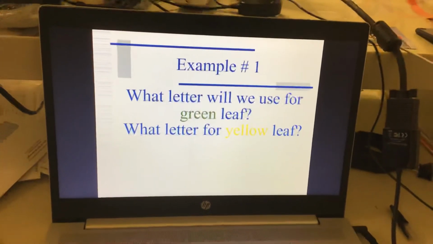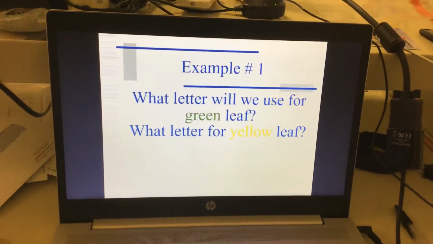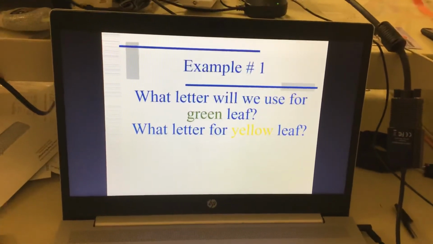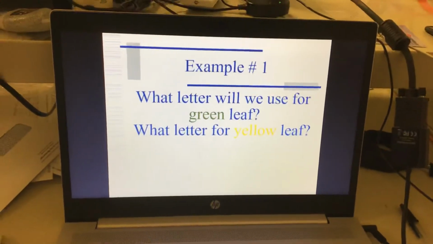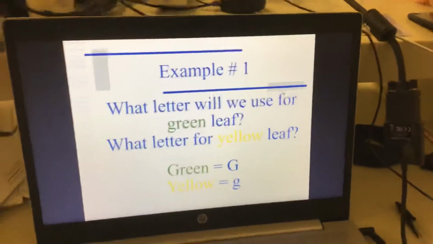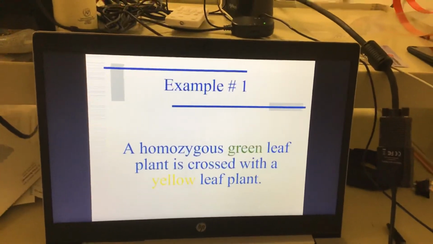Now for green, we're going to use a big G, a capital G. And for yellow, we're going to use a lowercase g. We're still using G because we always use the first letter of the dominant trait. So green is big G, yellow little g.